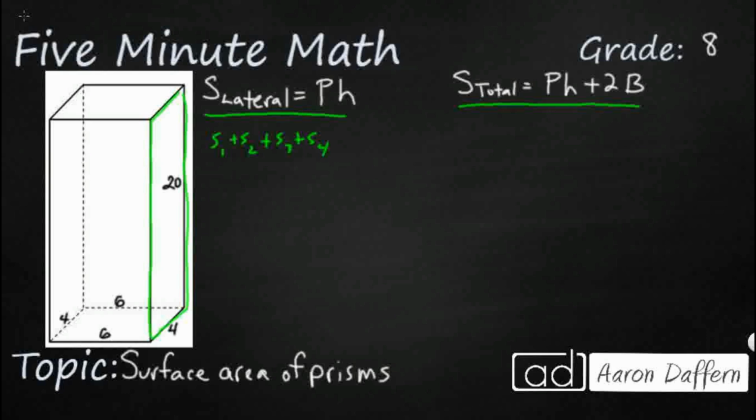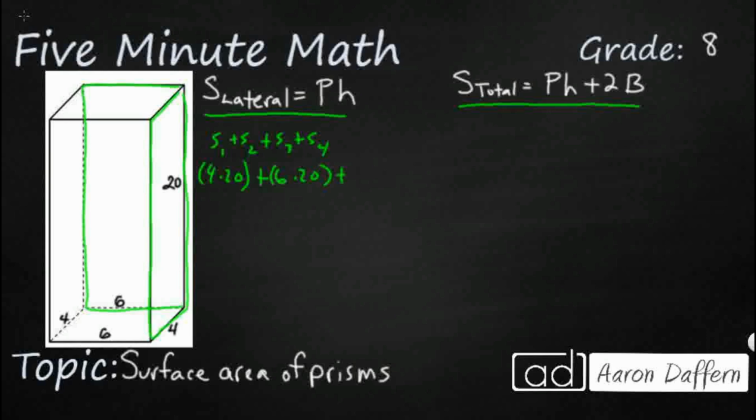So for side 1 right here, the area is just going to be length times width. So this is going to be my 4 times 20, that's my height. Now if I wanted to grab this back side right here and make that my second side, then that's going to be base times height, that's 6 times 20.